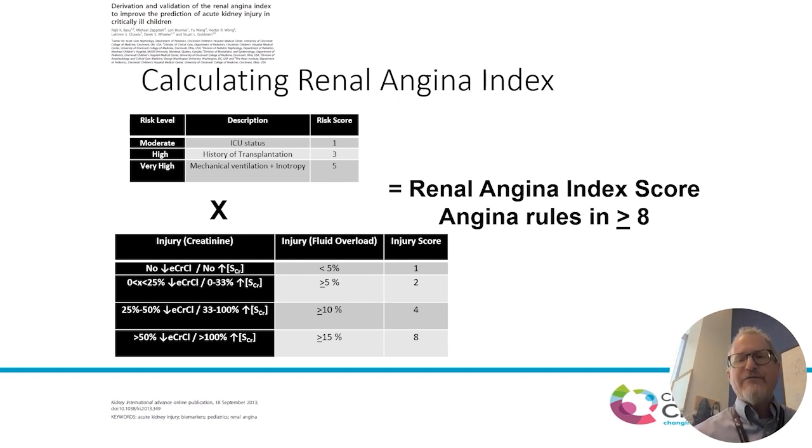In fact, if the RAI is less than 8, then there is a less than 2 to 3% likelihood that the patient will develop stage 2 or 3 AKI 2 to 3 days later.